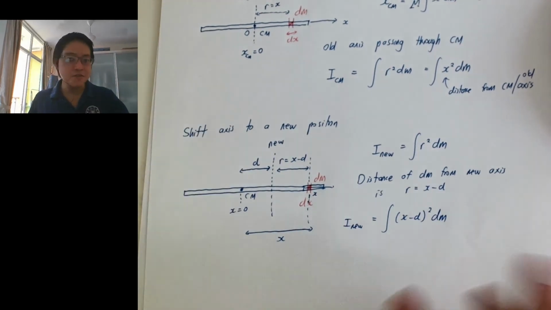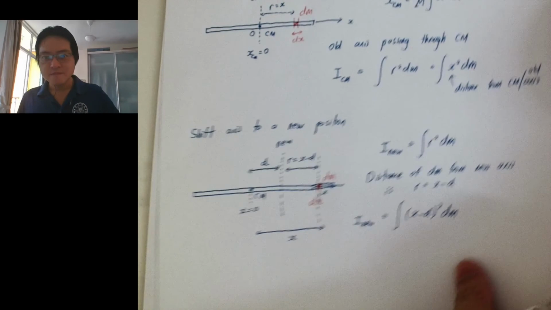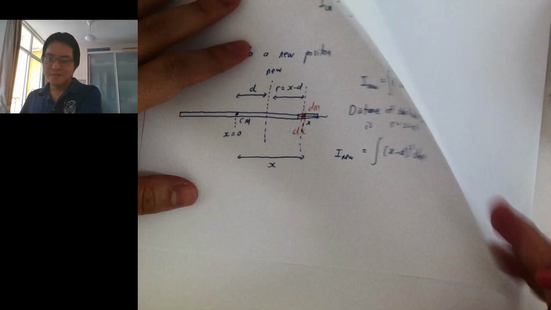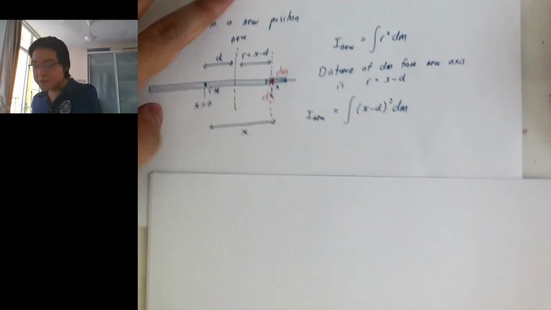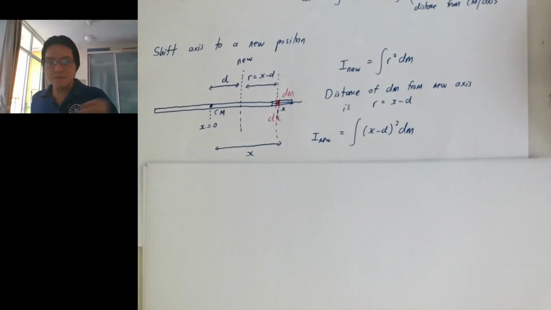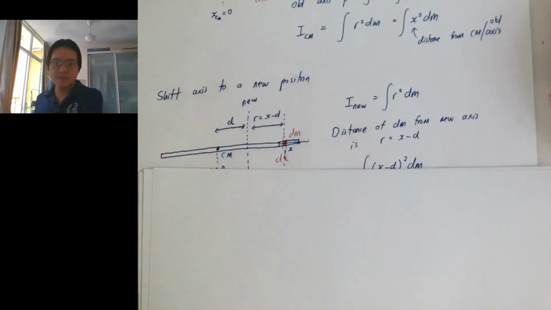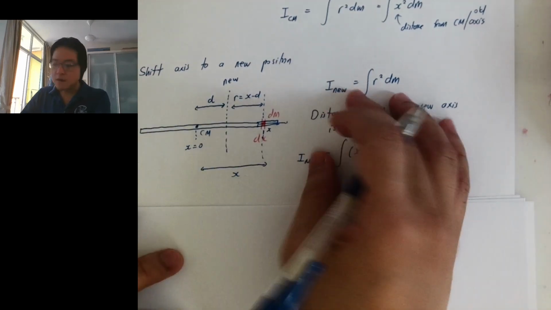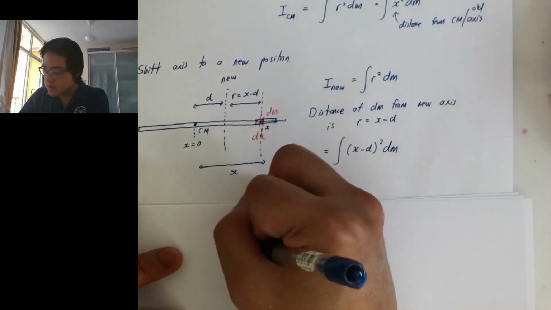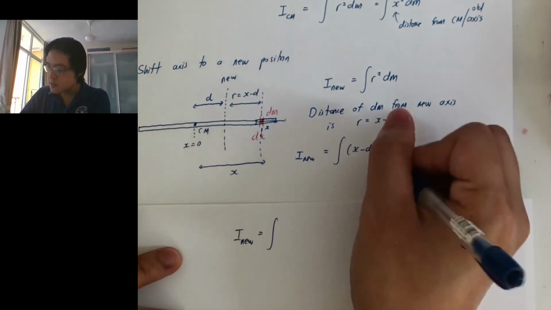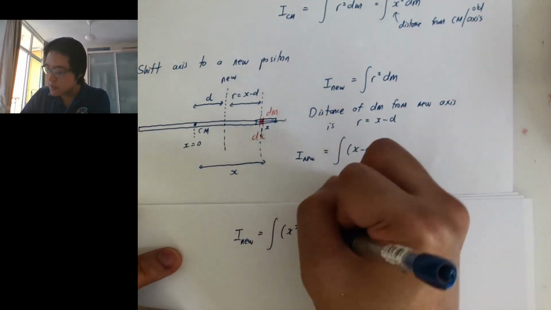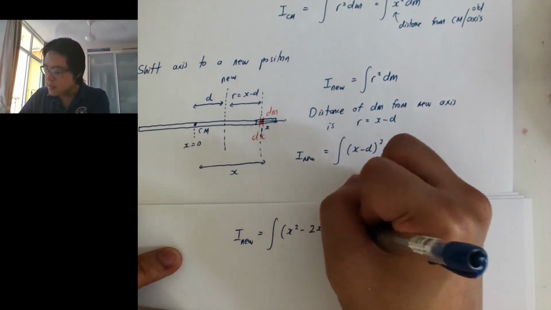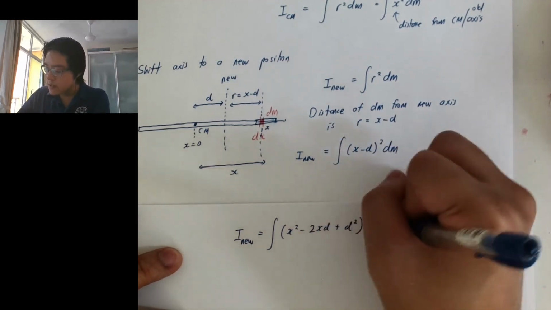Is it a good story? If you agree with this, then we are almost done, because all we need to do is expand the square, simplify everything, and we'll get the theorem. So let's expand the square. The new moment of inertia is x squared minus 2xd plus d squared, and then dm.